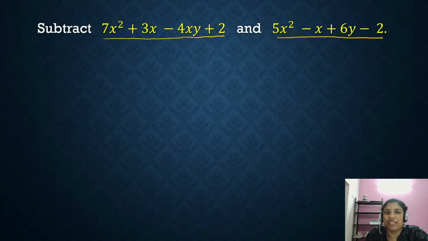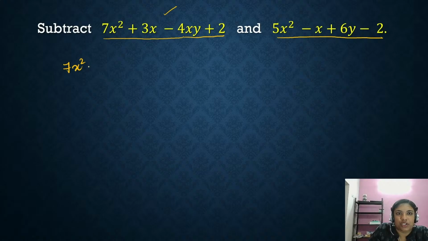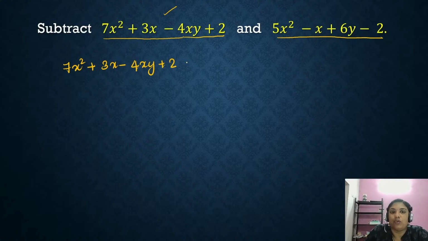So what's the first expression given? This one, right? So we can write down the first expression, 4xy plus 2. Then we have to put a minus symbol. Why? It is subtraction.